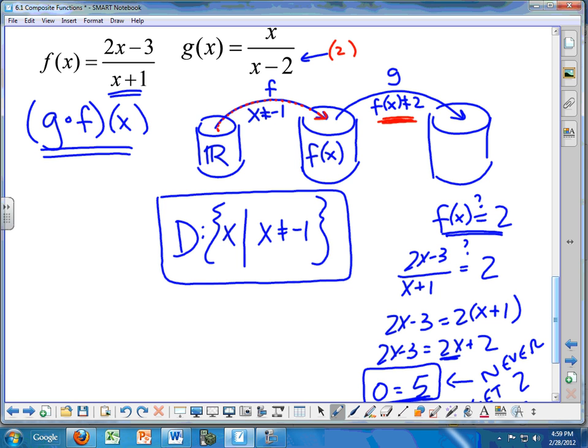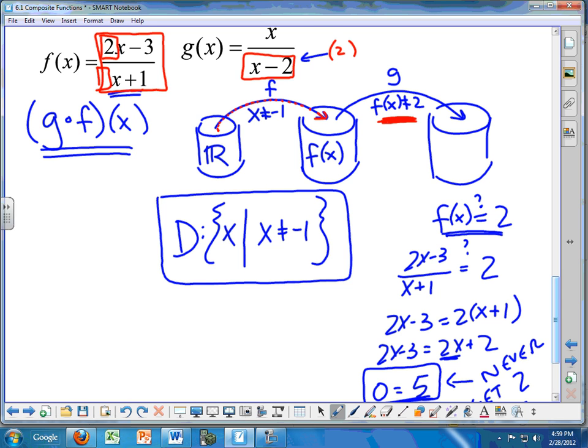But the problem with f of x right here is we learned in one of our earlier sections that there is a horizontal asymptote that is 2 over 1. So what happens is it will never really hit that value, the number 2, and it happens to coincide. It just is a coincidence in this case that it coincides with the denominator of the other term.